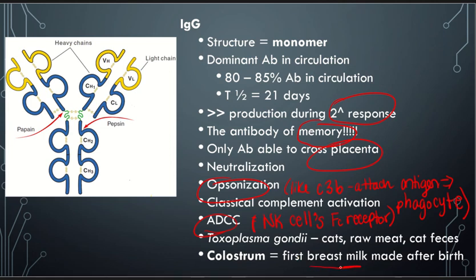If it's talking about breast milk, it could be either IgG or IgA. And IgG is also the most significant class as far as neutralizing goes during the secondary immune response, because these IgG responses are often going to result in lifelong immunity against a lot of these pathogens during the secondary response.